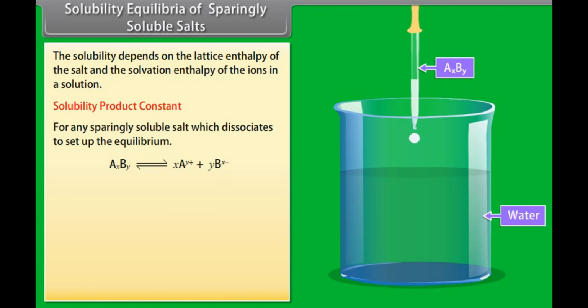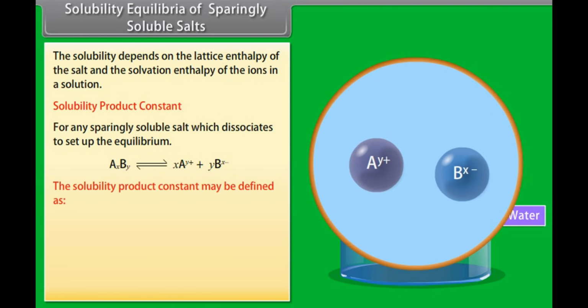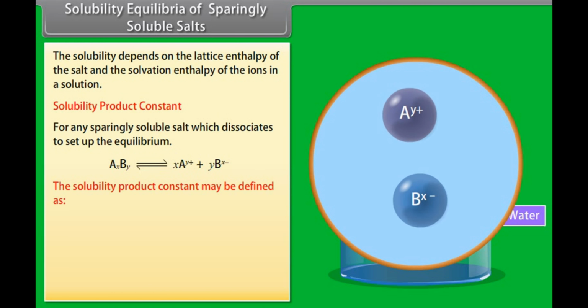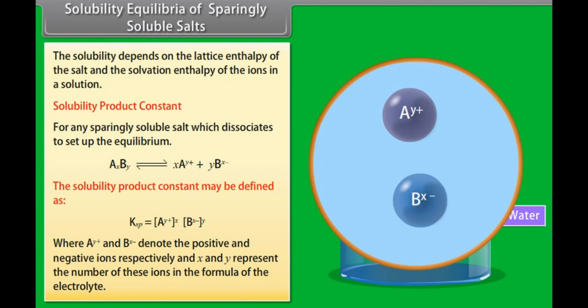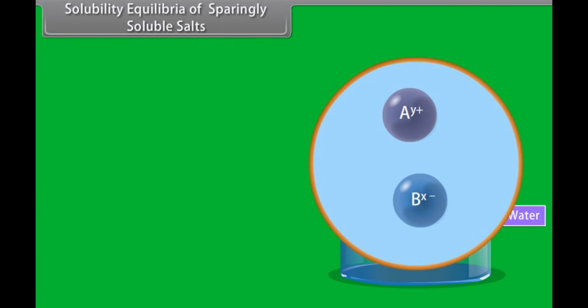For any sparingly soluble salt which dissociates to set up the equilibrium, the solubility product constant may be defined as the concentration of A^y+ raised to the power x into the concentration of B^x- raised to the power y, where A^y+ and B^x- denote the positive and negative ions respectively, and x and y represent the number of these ions in the formula of the electrolyte.